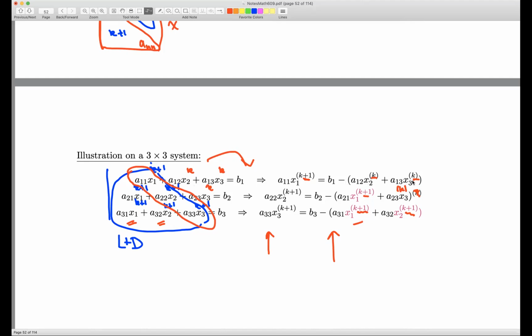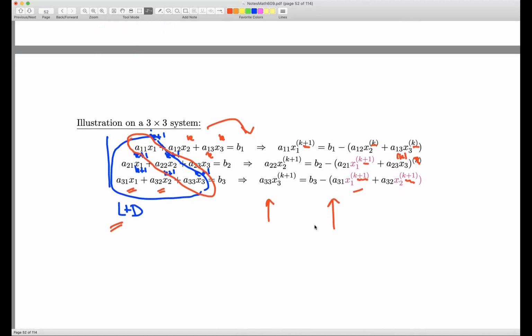This has index K, this has index K, and this has index K. Then all the x's that are multiplied by a's that belong to the matrix L, that is strictly below the main diagonal, they have all indices K plus 1. So you see here, this has index K plus 1, this has index K plus 1, and this has index K plus 1.